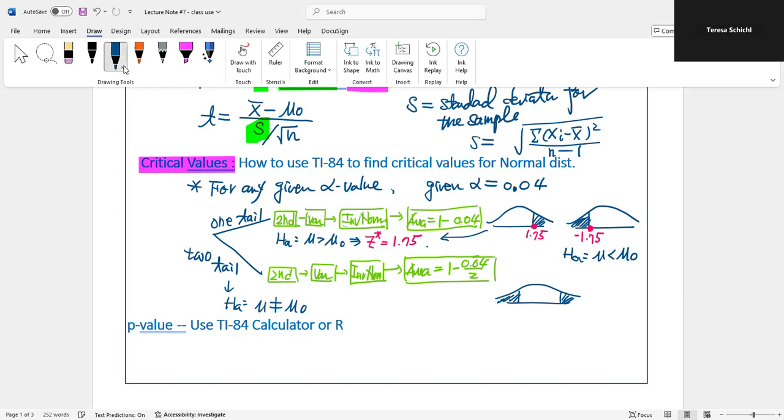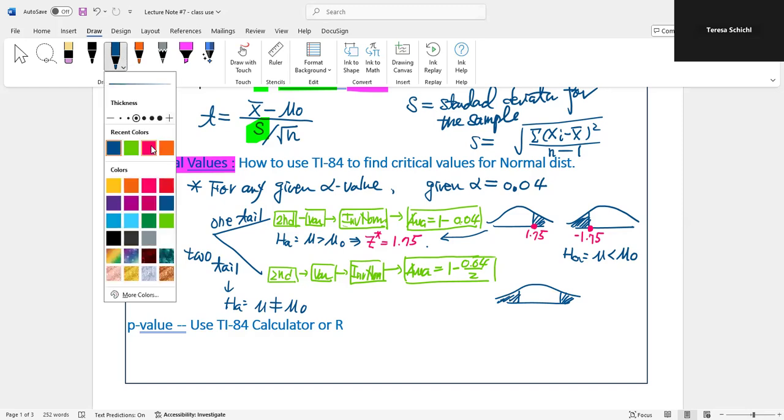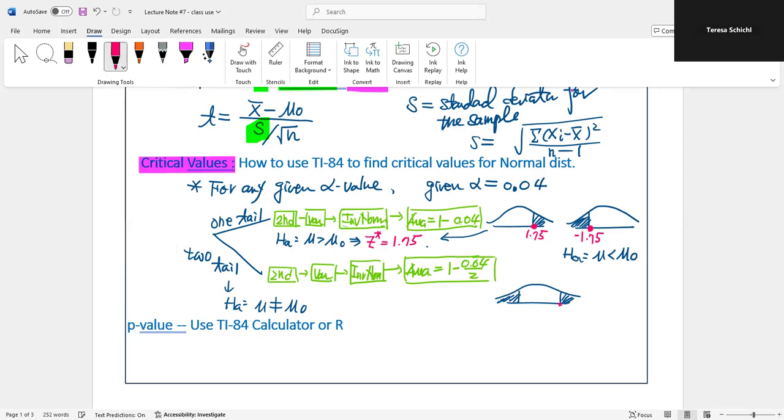Because a while ago we used the calculator, and it told me 2.05. So here is 2.05, and this one is negative 2.05. You compare your test statistic to both.